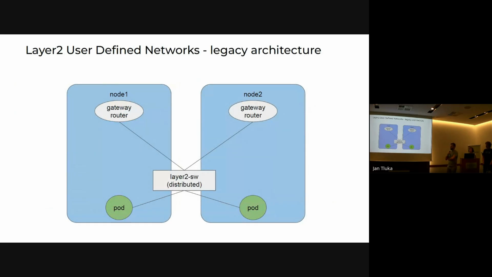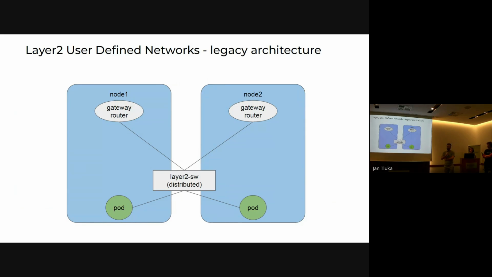This is a very simplified view of how it looked in the legacy implementation. So all our pods between the nodes are connected to a distributed switch. Back in the day, there were no gateway routers. There was no external connectivity, so it was just overlay and east-west. We quickly had to add the top part.